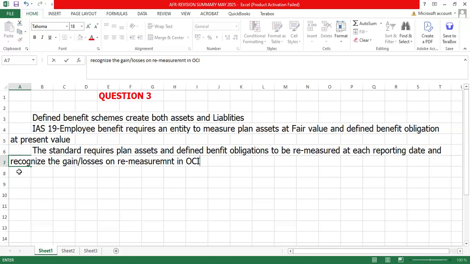So when you remeasure, let's say plan assets or defined benefit obligation, and you get a gain or a loss, that gain or loss on remeasurement should be recognized in your OCI. That is other comprehensive income.